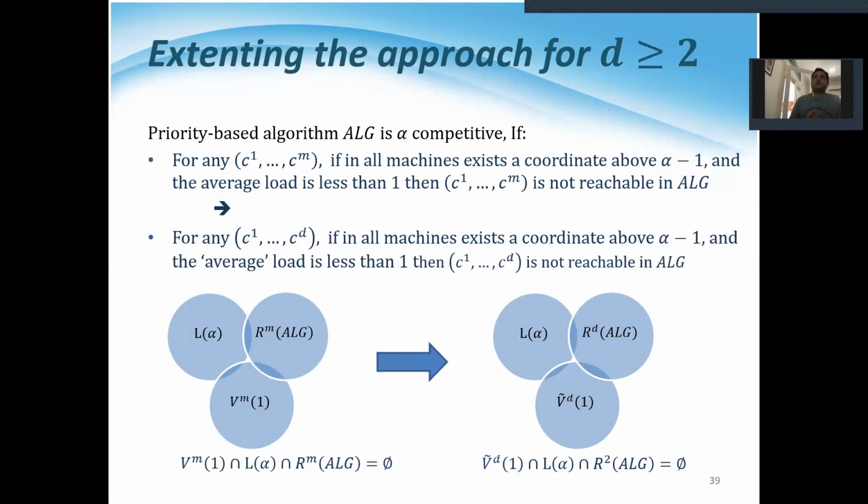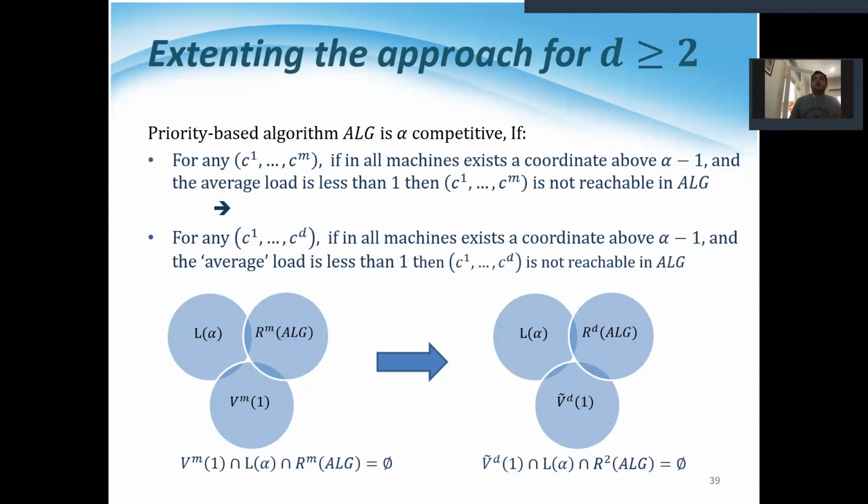So this technique, by using standard definitions as we saw, will reduce a priority-based algorithm with 3 dimensions from understanding the reachable space of m machines to the reachable space of just a few machines. You can also use brute force techniques in order to understand the competitive ratio and the reachable space when the number of dimensions is small.